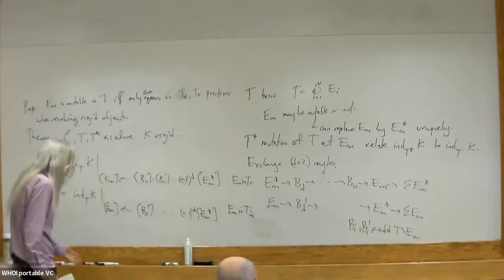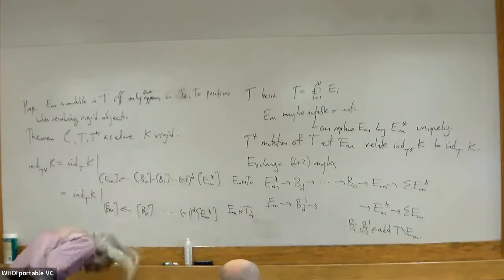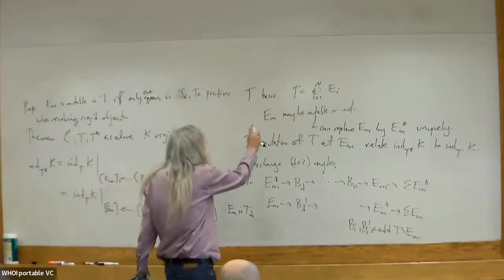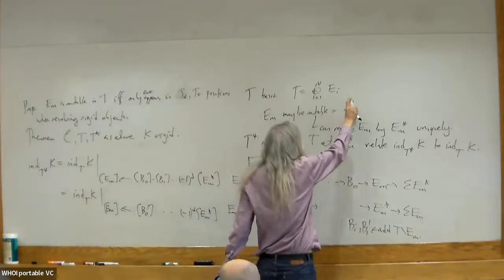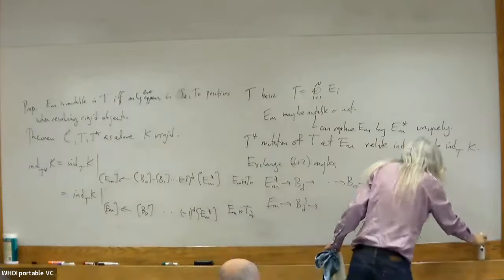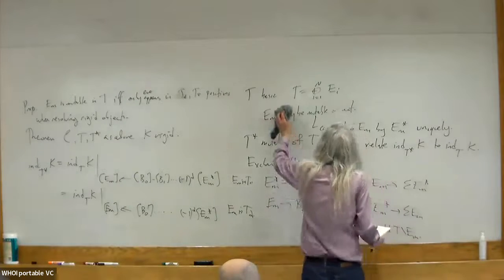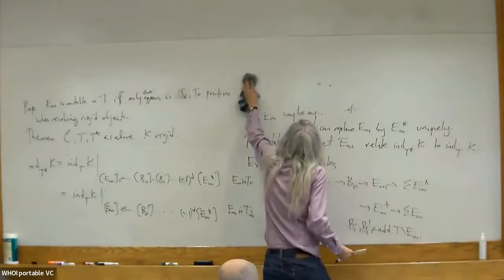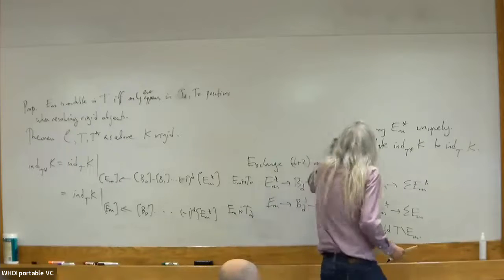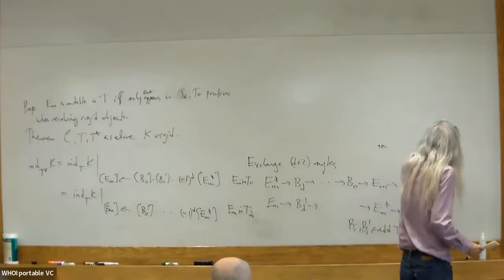So that describes the mutation, but there's something a little bit undesirable about this if D is even. Let me put it more favorably: what's the good thing if D is odd?